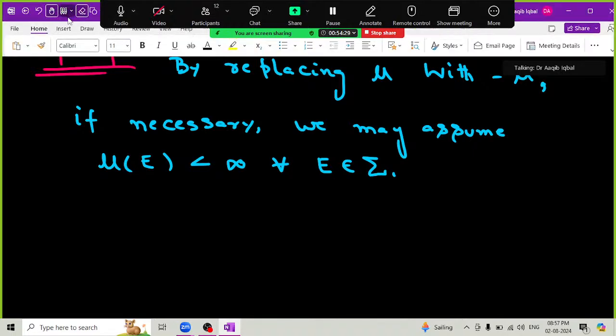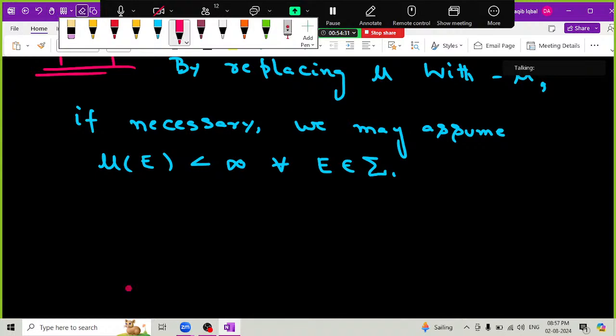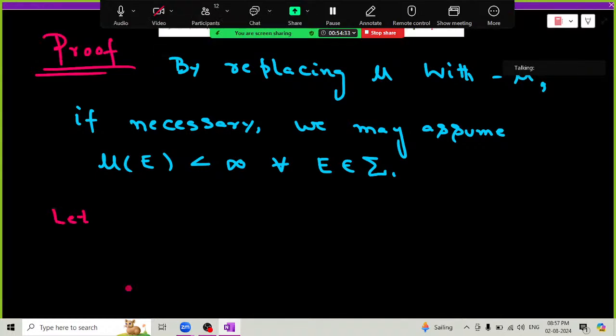अब इसके बाद हम क्या करेंगे? Let fancy F be equal, ये ध्यान से देखिएगा कि क्या है इसमें. Fancy F is going to be collection of what?